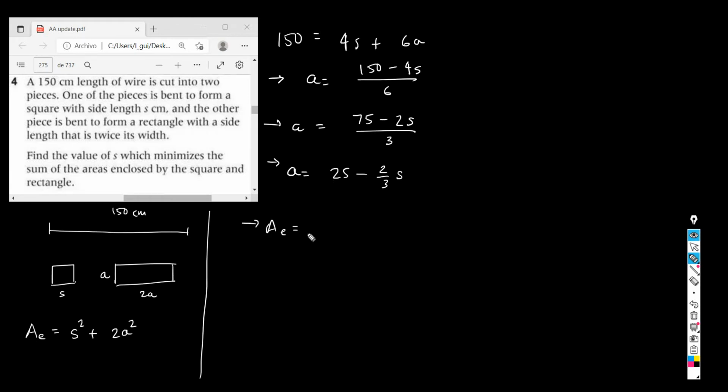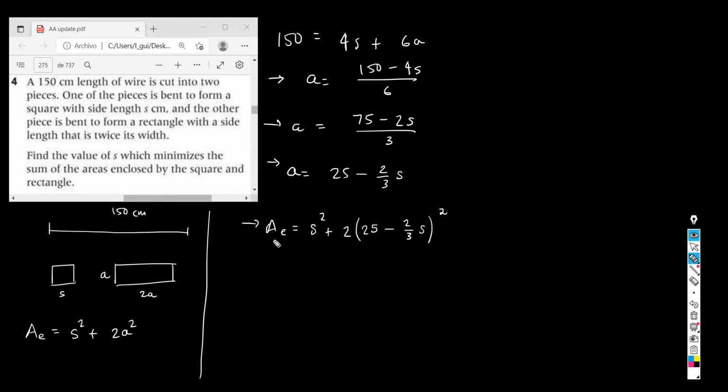So AE equals S squared plus 2A, which is all of this thing. This is a 25. Don't make that mistake. Be aware of that. Minus 2/3 of S, all squared. Okay, fine.